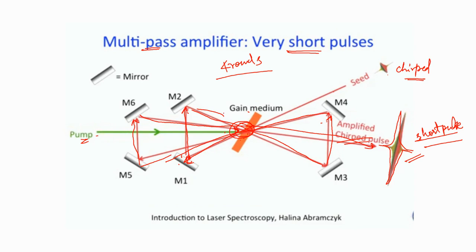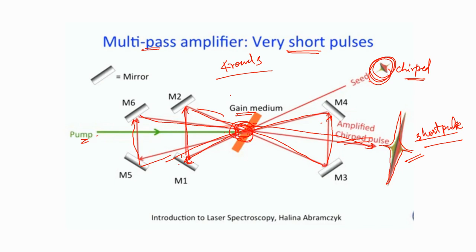In the multipass amplifier, first of all, the gain medium has a pump attached to it. The gain medium, we can say, is something like a titanium sapphire laser or another medium. In our case, we are feeding it with a chirped laser, that is a C. When this chirped beam passes through, it goes through a series of mirrors which reflect the light back and forth and pass it through the gain medium.